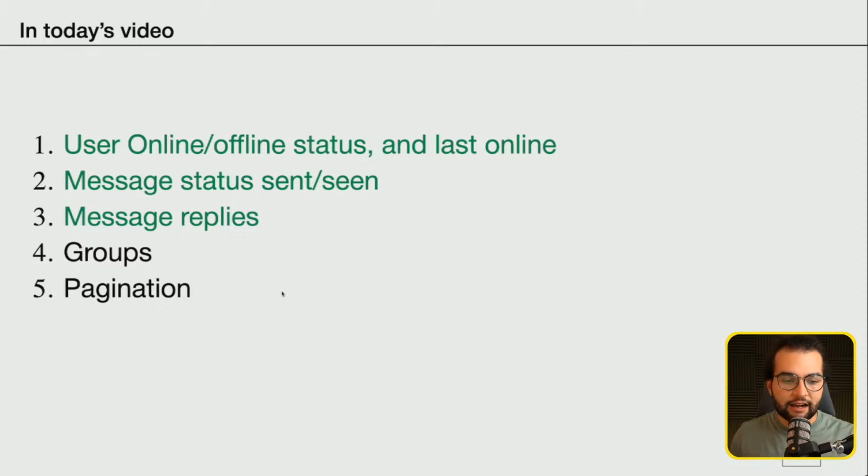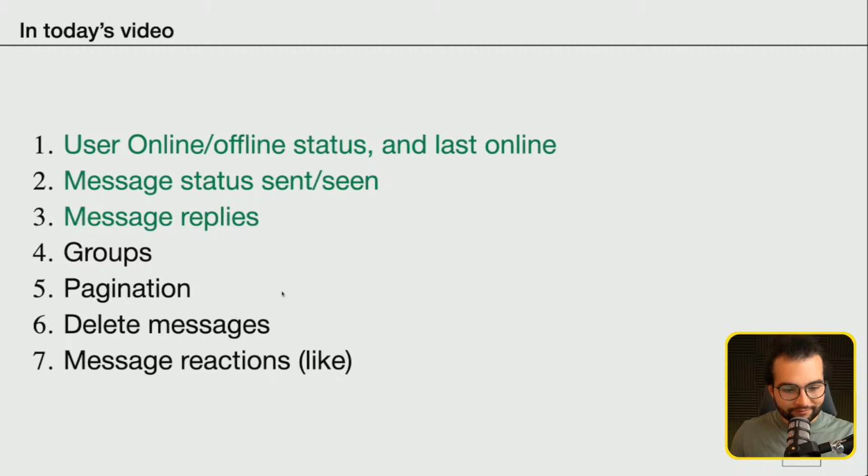Pagination, this is quite boring but very important feature in order to be able to load more messages when you scroll, or to load more users again when you scroll, and so on. Also deleting messages, very important part in a lot of applications, and it's not very difficult, so we might manage to do it in this video. Message reactions, like liking a message or giving a heart or something like that.